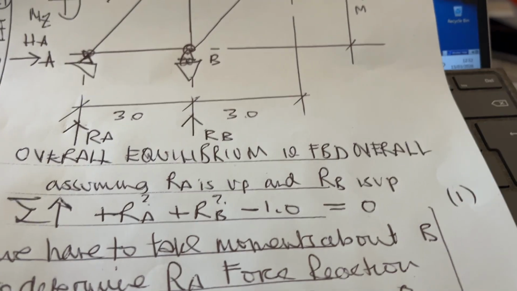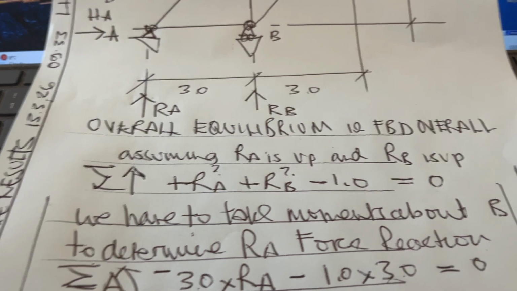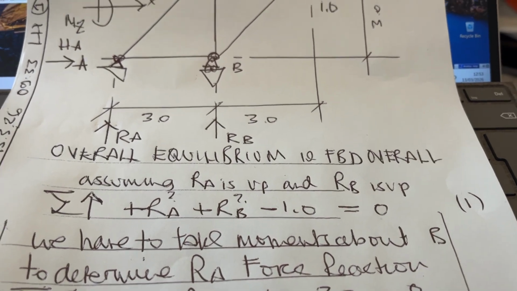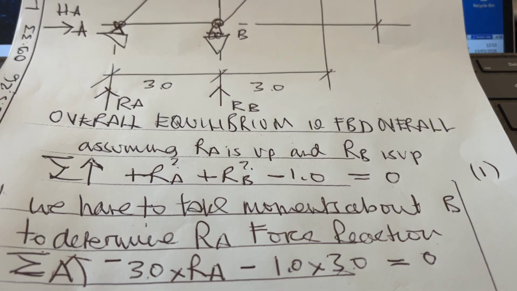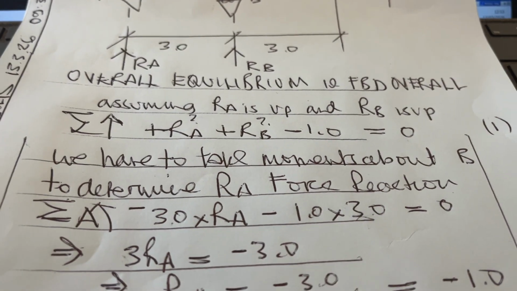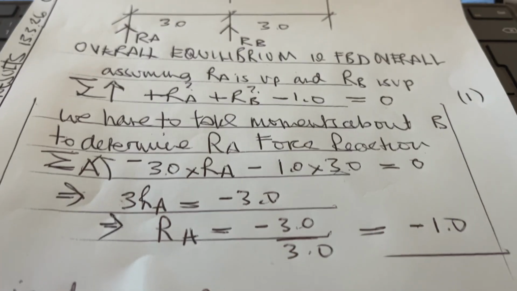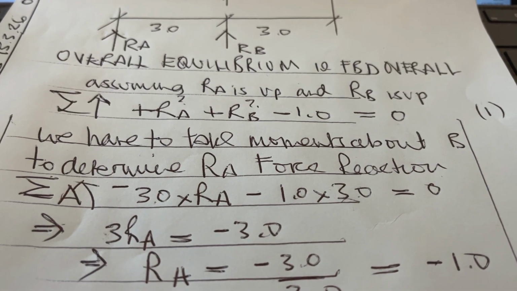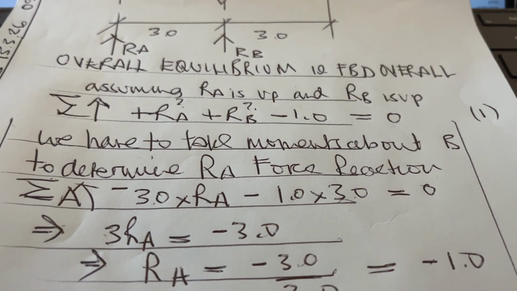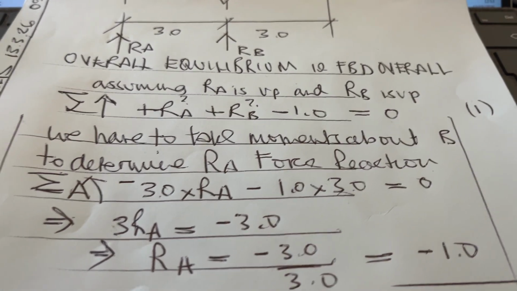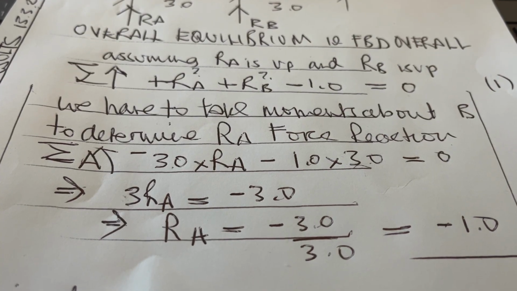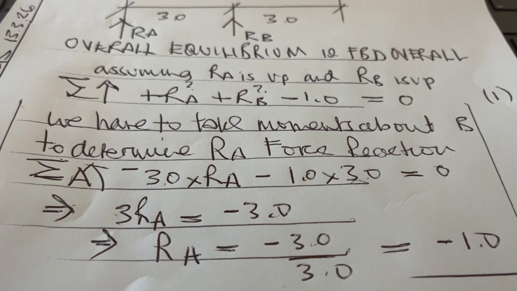Overall equilibrium again, free body diagram overall. Assuming RA is up and RB is up, which we don't know, just assuming. RA plus RB minus 1 equals 0. We have to take moments about A or B to determine RB or RA. Moments about A, anti-clockwise is positive.